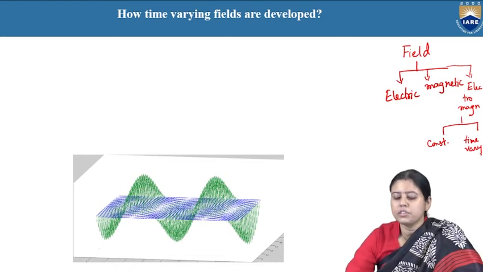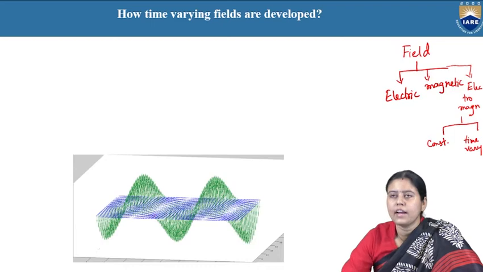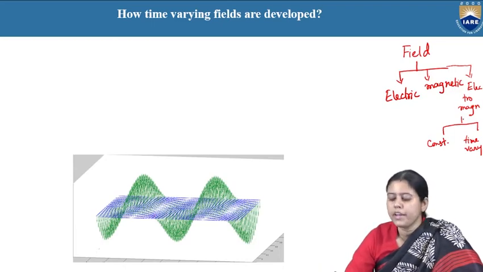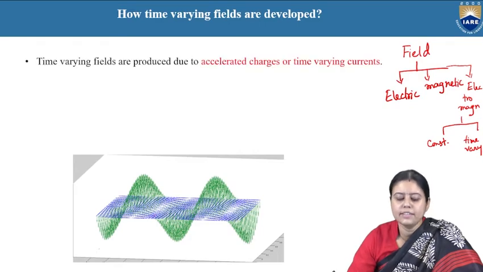So today our question is how time varying fields are developed. The cause of generating a time varying field is electromagnetism.